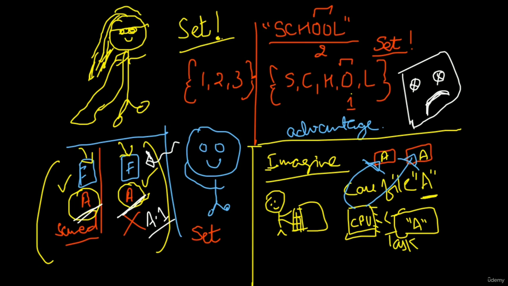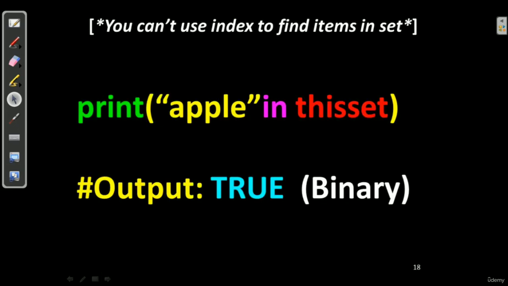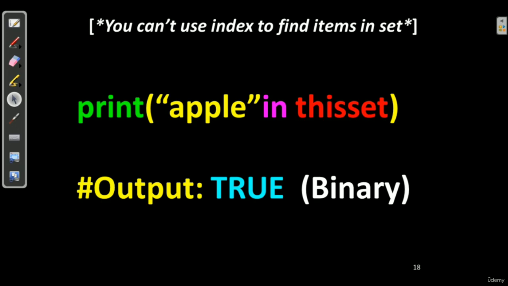Now let's see more things, actually not about set theory, but about our course. You can't use an index to find the data items. You cannot get the index. Like you can check, in our case we printed apple in this set.